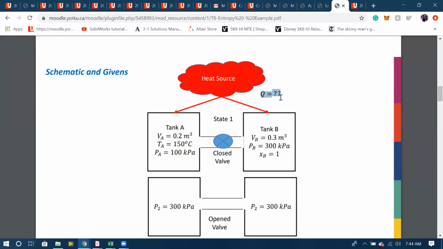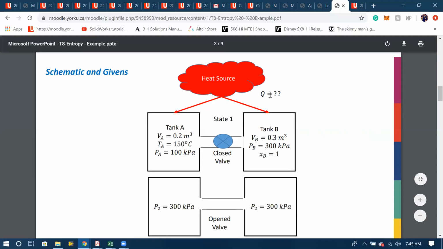But it is really important to understand that if our system is the tanks and we solve for Q, then Q is Q in. The negative and positive values for Q, or Q in and Q out, are all notations and different methods to identify and give direction to the magnitude of heat transfer.